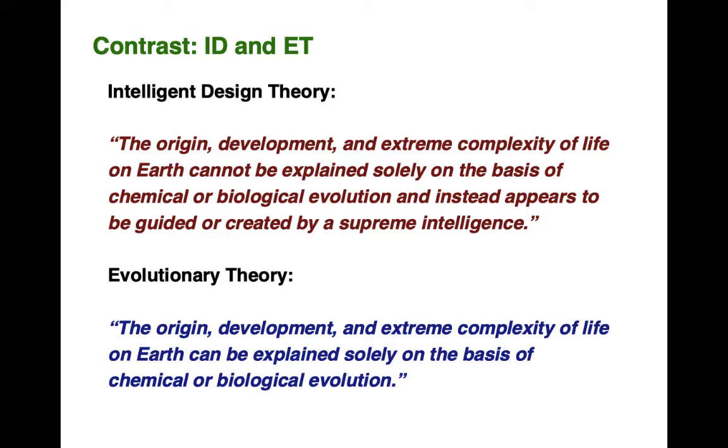In general, intelligent design theory: the origin, development, and extreme complexity of life on Earth cannot be explained solely on the basis of chemical or biological evolution, and instead appears to be guided or created by a supreme intelligence. Evolutionary theory: the origin, development, and extreme complexity of life on Earth can be explained solely on the basis of chemical or biological evolution.